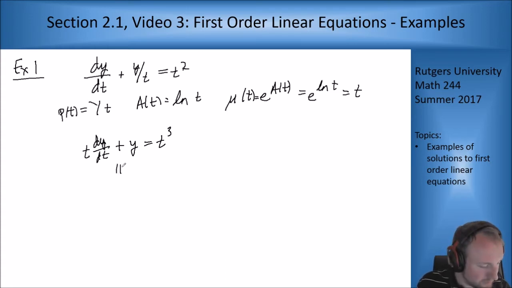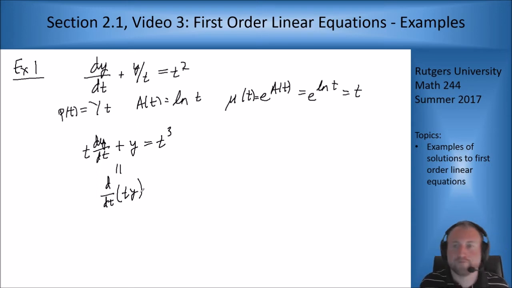Now, this left-hand side here is the derivative in t of ty. We know from our setup it should be a derivative of mu times y, but you can also just calculate that out. If the derivative falls on t, I just get y. If the derivative falls on the y, I get t dy dt, equals t cubed.